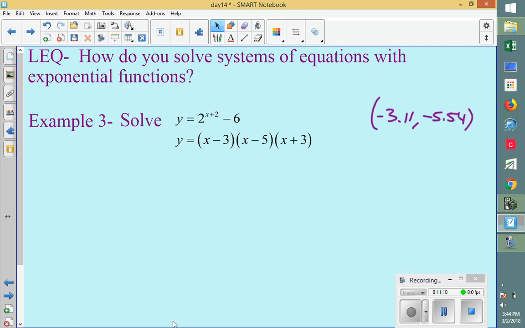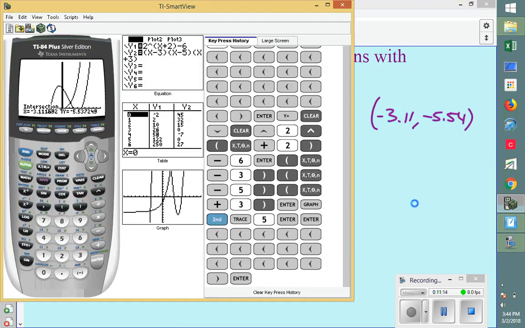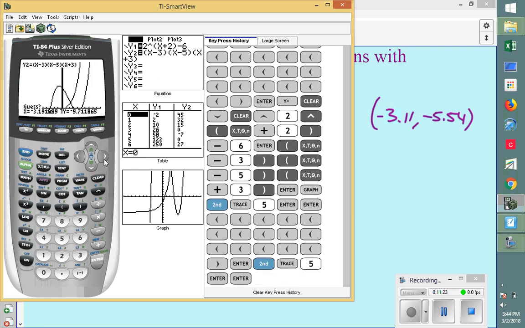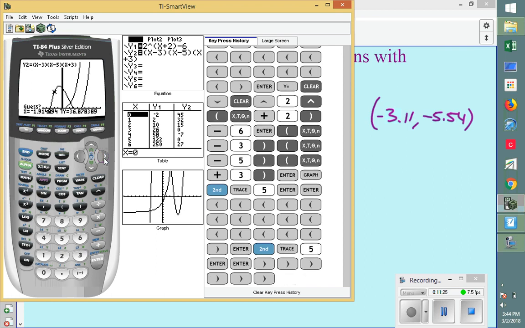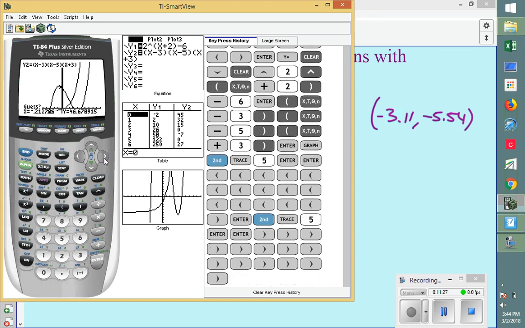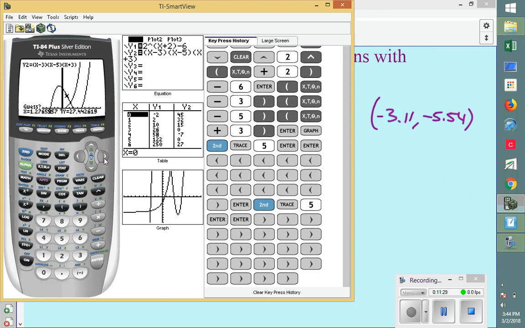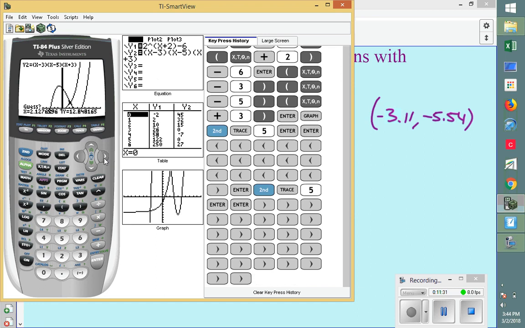Okay. Second, calculate again, intersect, enter, enter, guess. Looks like that's as close as I can get it. Enter. 2.17, 12.06.